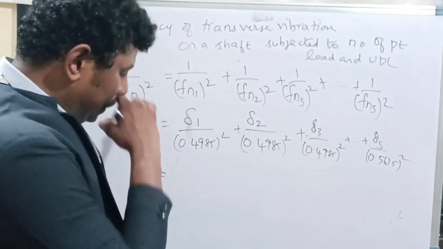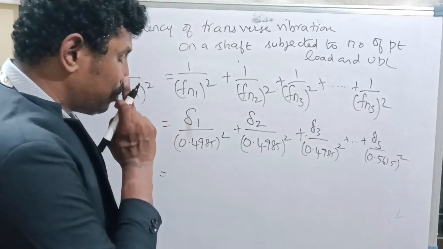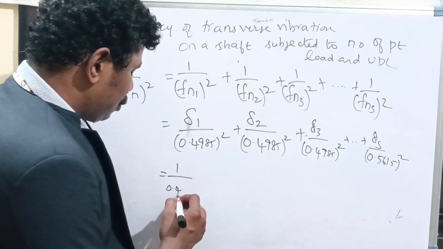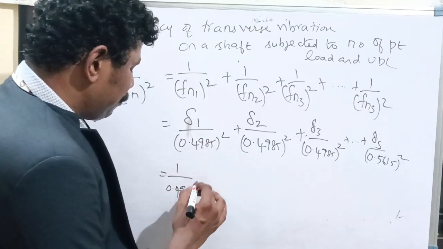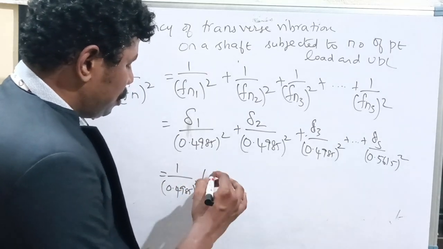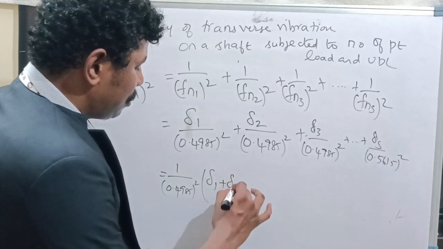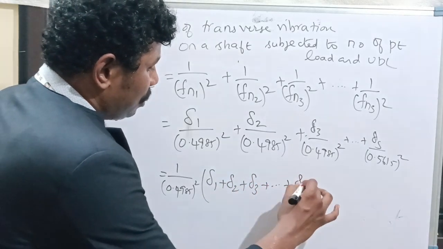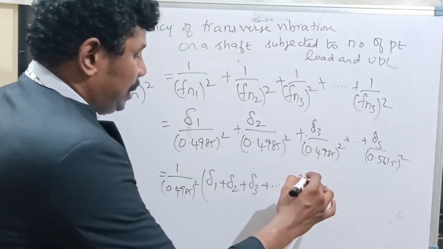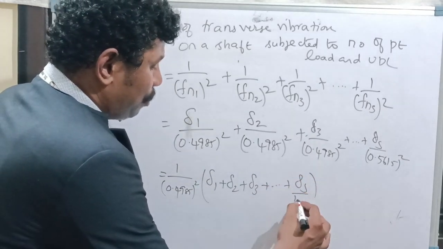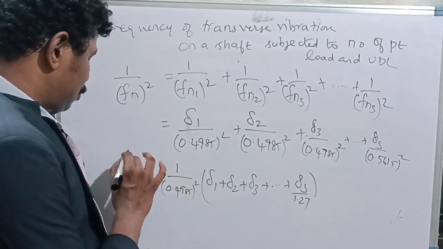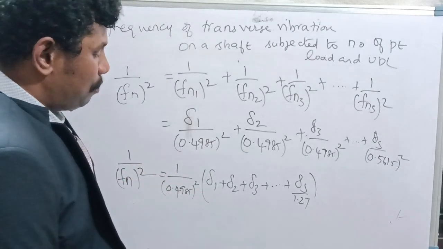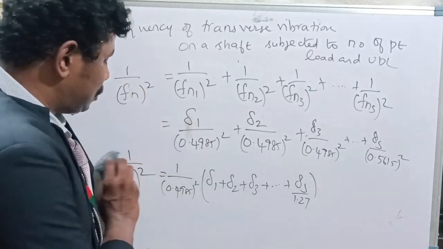In this case we are going to take 0.4985 square out from all the terms, which is equal to delta 1 plus delta 2 plus delta 3, and so on to delta S divided by 1.27. So this is the formula for this equation. It can be further simplified.